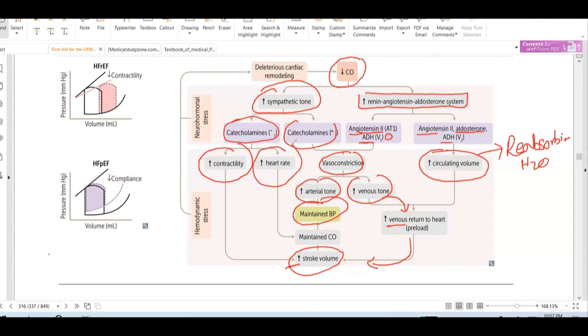So decreased cardiac output leads to two changes: increased sympathetic activation and increased renin-angiotensin-aldosterone activity. These are beneficial to the heart in the short term and acutely, but when they go on chronically, they ultimately have a deleterious effect on the heart.